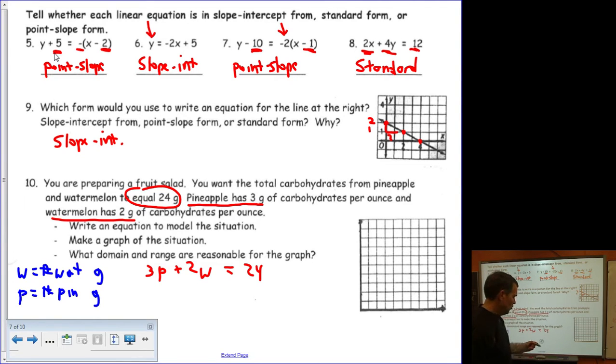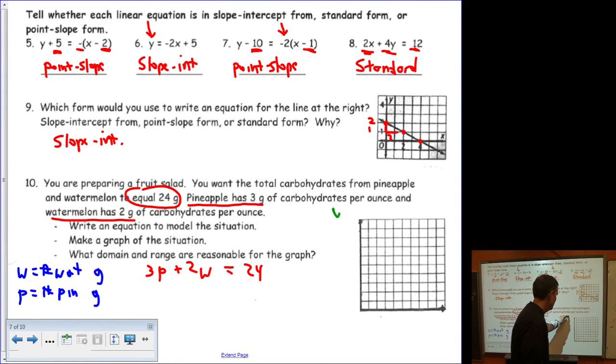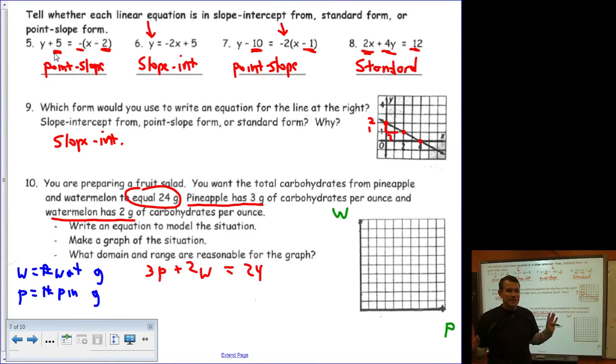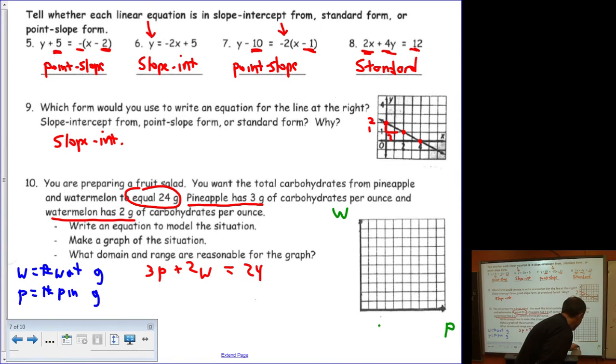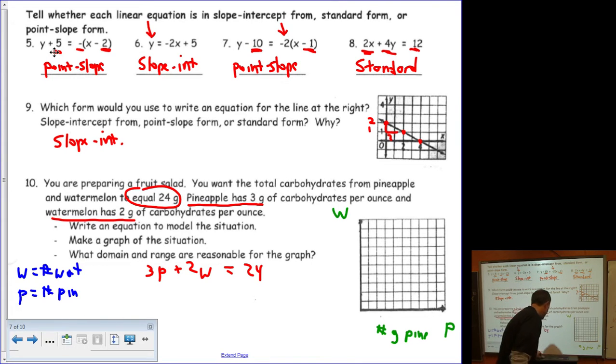So I'm going to put watermelon on the y-axis and pineapple on the x-axis, though that could be switched and it would be just as good. And so this is number grams pineapple, I'm sorry, ounces. Yeah, I messed that up, didn't I? Let's go back and fix that.